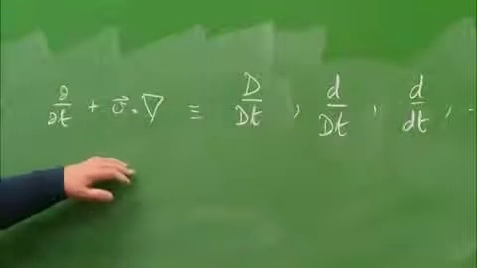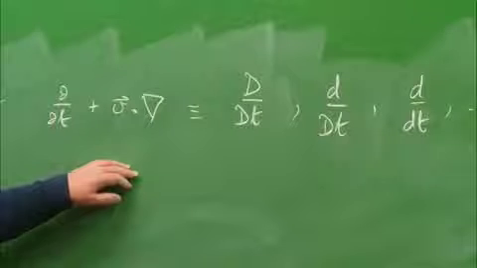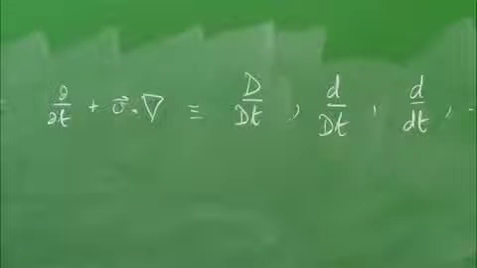But please be warned that all of these symbols mean one and the same thing. It means the rate of change as measured by an observer who is moving with the fluid, and it is called the material or the convective derivative. I like the name convective derivative because it tells you immediately that this is the rate of change measured when you are moving with the fluid.